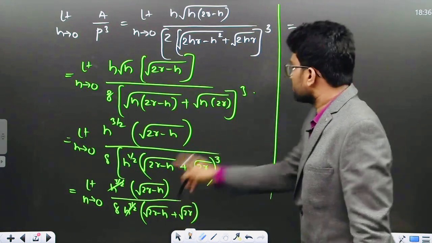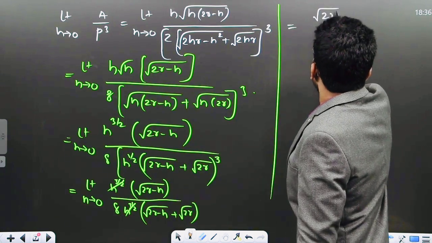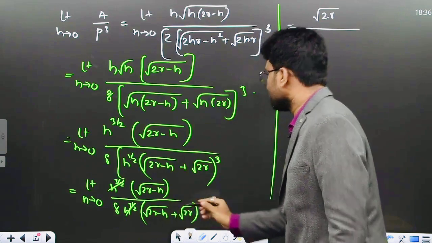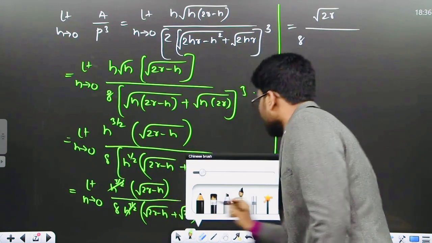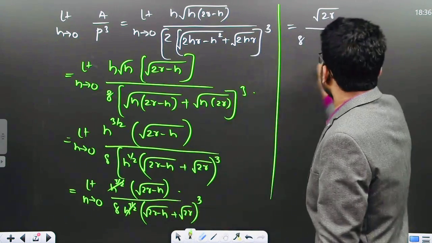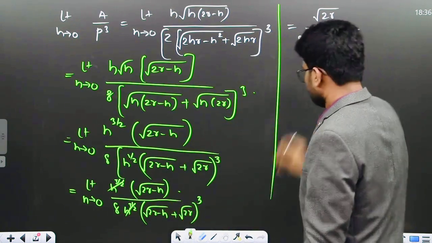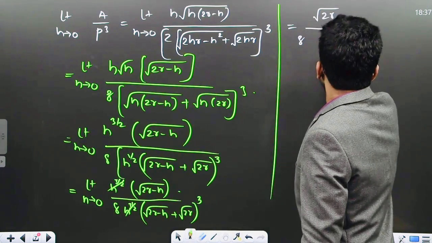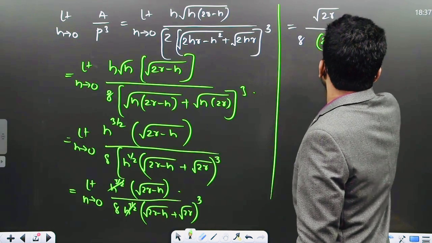So 2r minus h, so we get numerator will be 2r whole divided by 8 times (2r plus root 2r plus root 2r, 2 times root 2r) whole raised to 3.